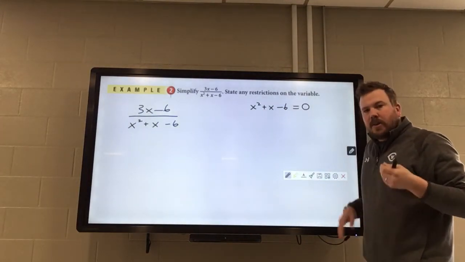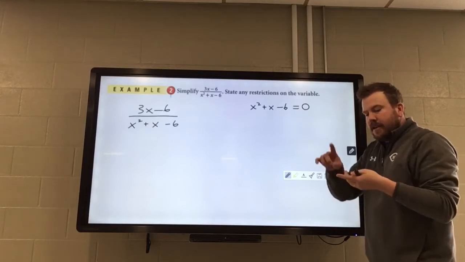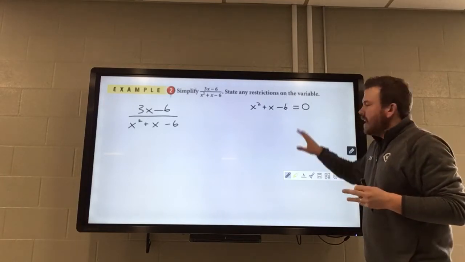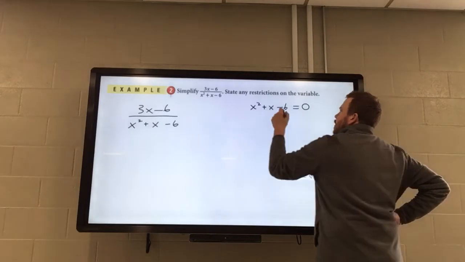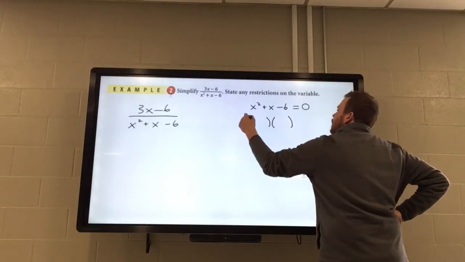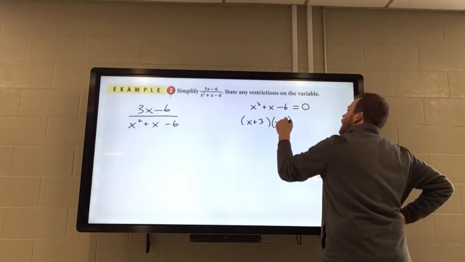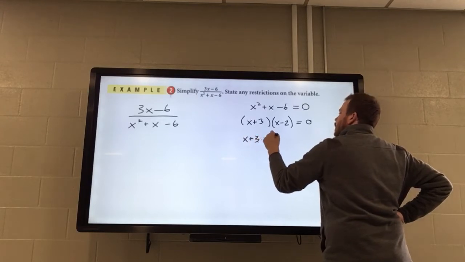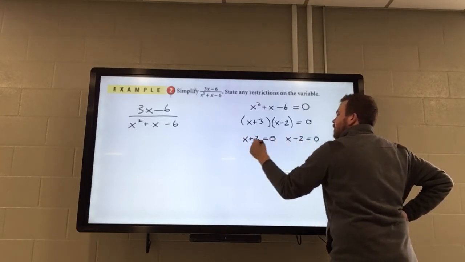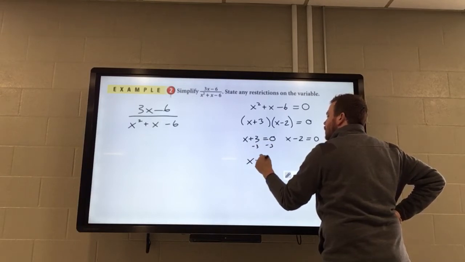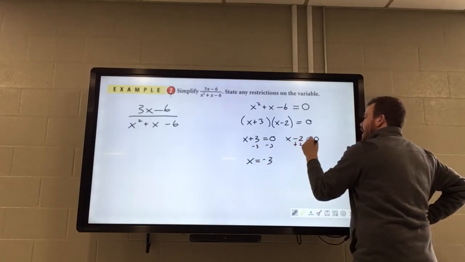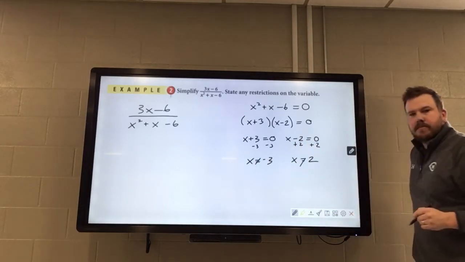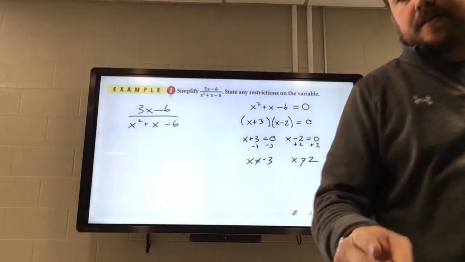We learned about 4 different ways of doing that in chapter 10: solve by factoring, solve using square roots, solve by completing the square, solve using the quadratic formula. I think I want to solve this one by factoring, because factors of negative 6 that add to 1 would be 3 and negative 2. Now we just set each factor equal to 0 and solve. Here I subtract 3 from both sides, x is equal to negative 3. Here I add 2 to both sides, x is equal to 2. Those are my restrictions.